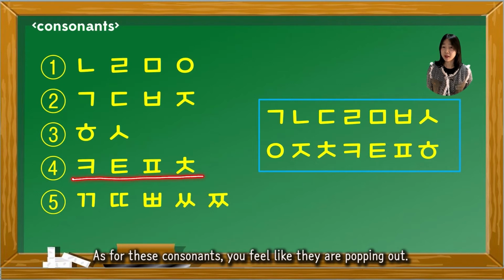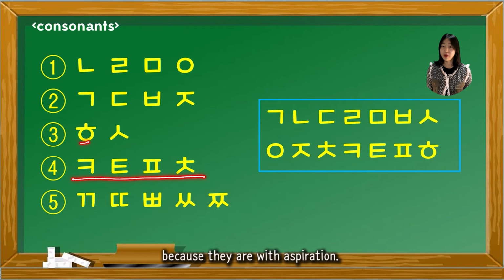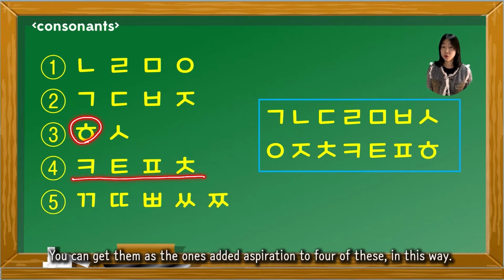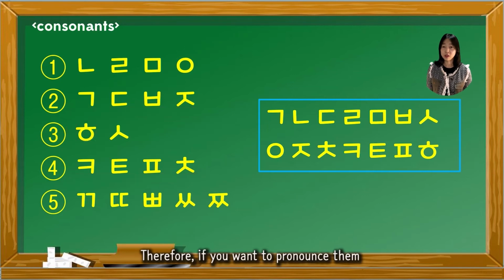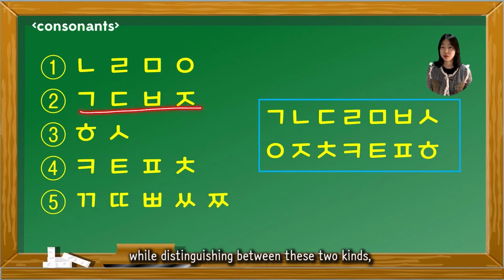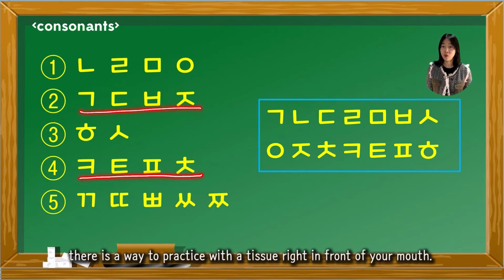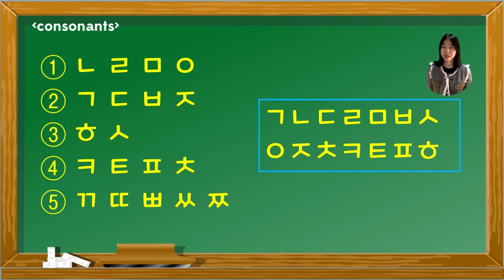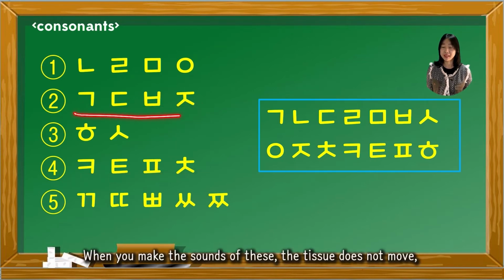As for these consonants, you feel like they are popping out because they come with aspiration. You can get them as the ones added aspiration to 4 of these in this way. Therefore, if you want to pronounce them while distinguishing between these 2 kinds, there is a way to practice with a tissue right in front of your mouth. When you make the sounds of these, the tissue does not move.